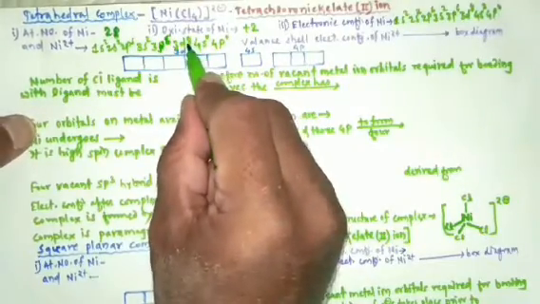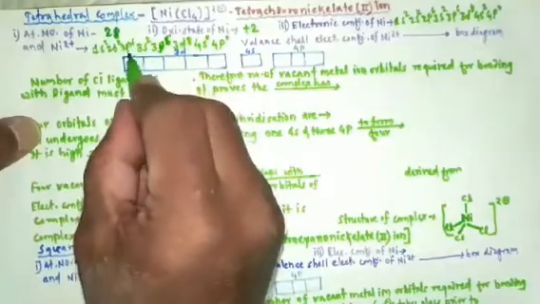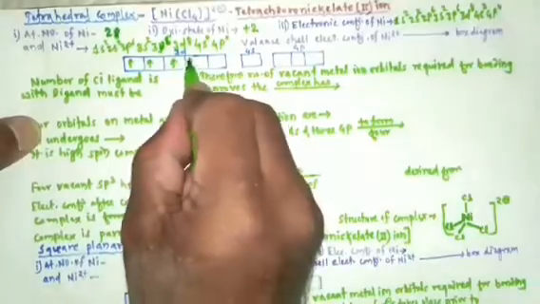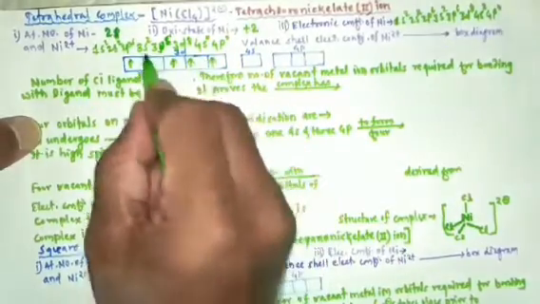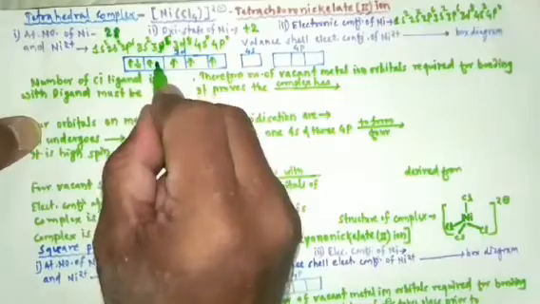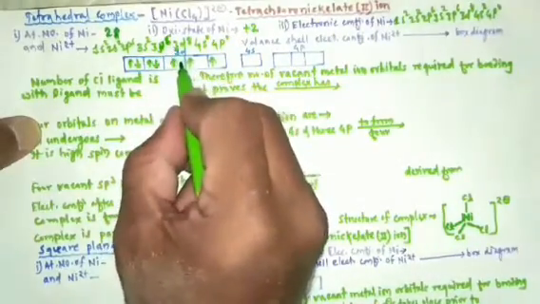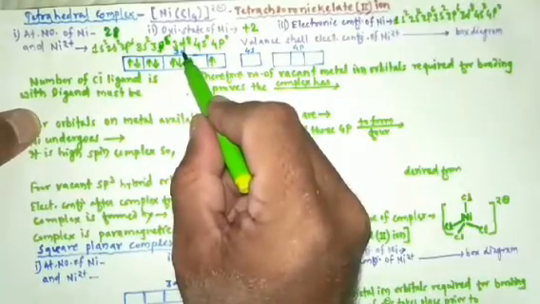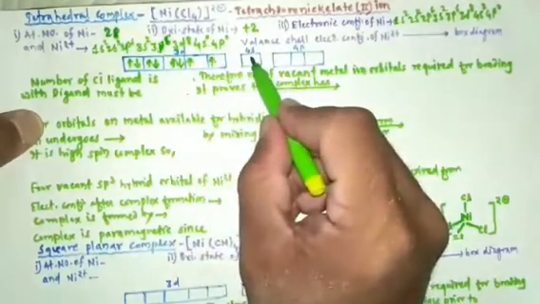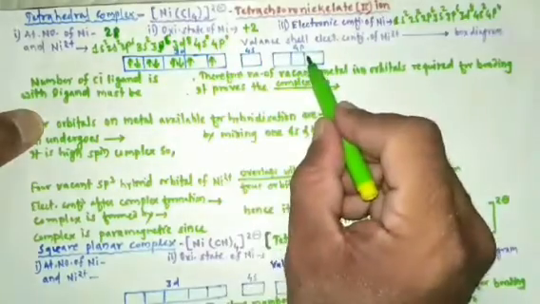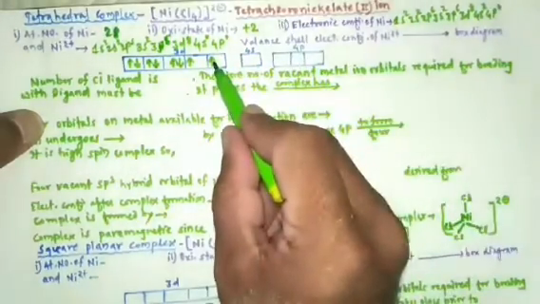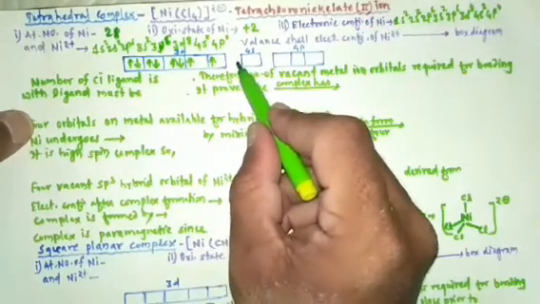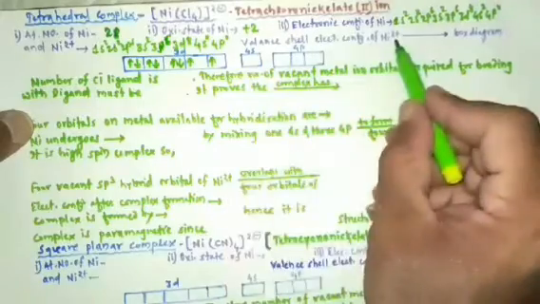First of all, electrons are filled singly: first, second, third, fourth, fifth, then here 6th, 7th, and 8th. That is 3d8, then 4s0 and 4p0. So this is the box diagram of the valence electronic configuration of Ni2+ ion.